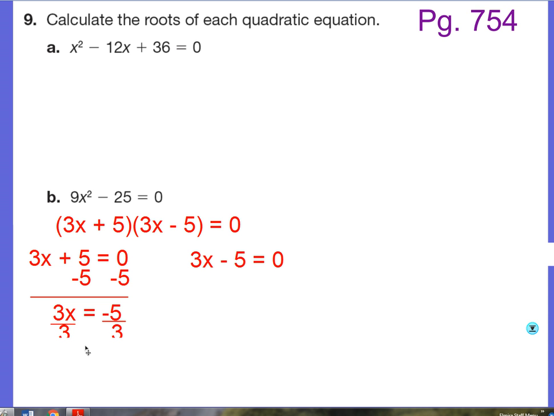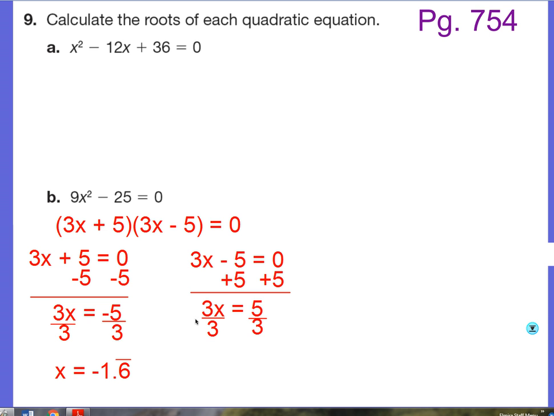Then I'm going to divide both sides by 3, and x equals negative 1.6. Over here, I'm adding 5 to both sides. So 3x is going to equal a positive 5. Then I'm going to divide by 3 on both sides.